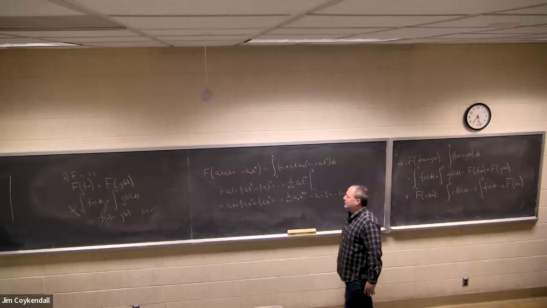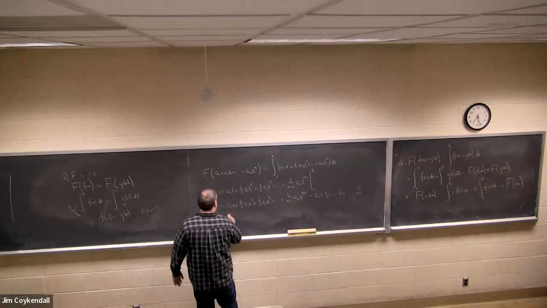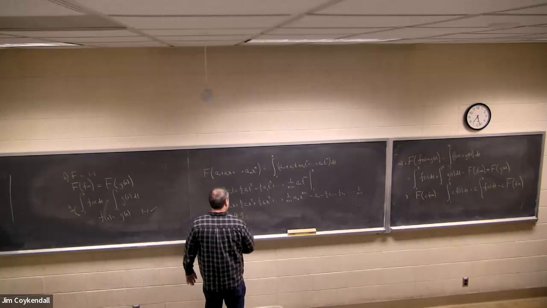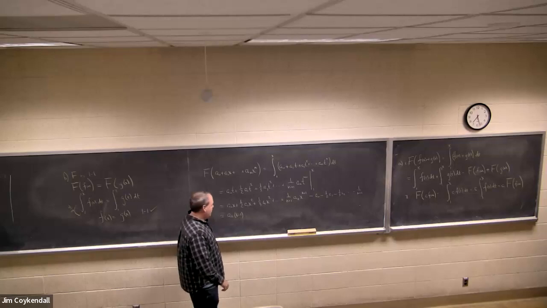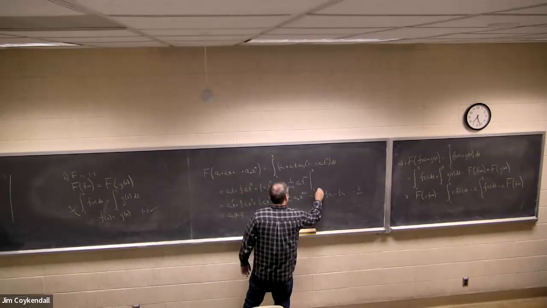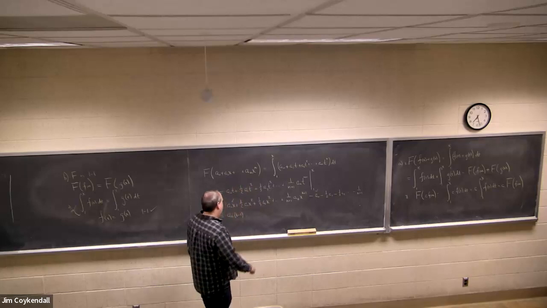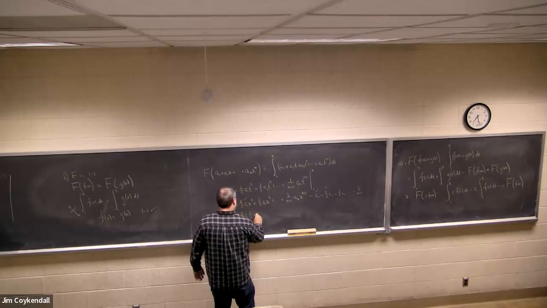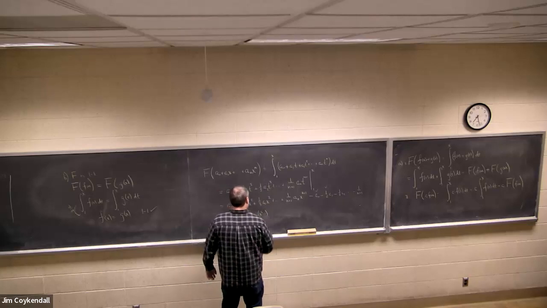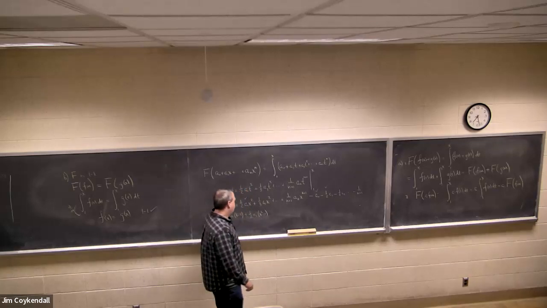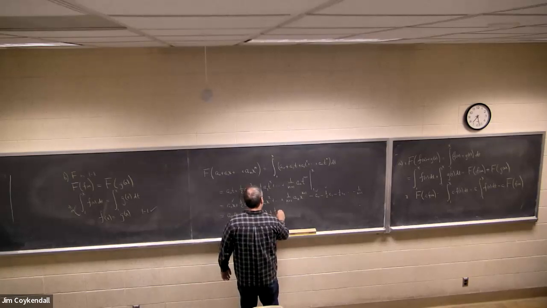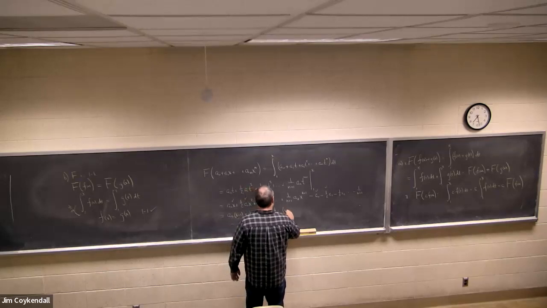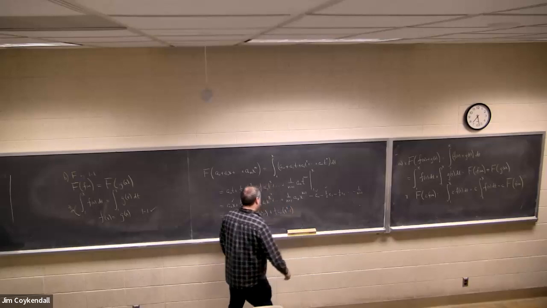Let me rewrite this, by the way. This is a0 times (x minus 1), plus 1/2 a1 times (x squared minus 1), plus 1/3 a2 times (x cubed minus 1).